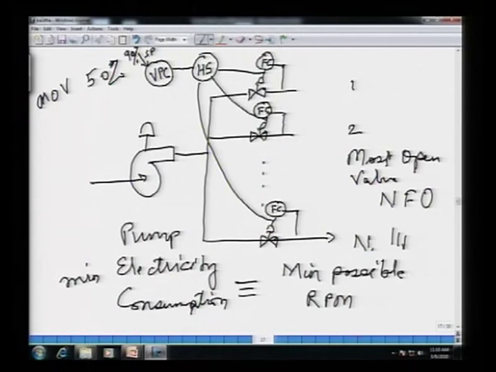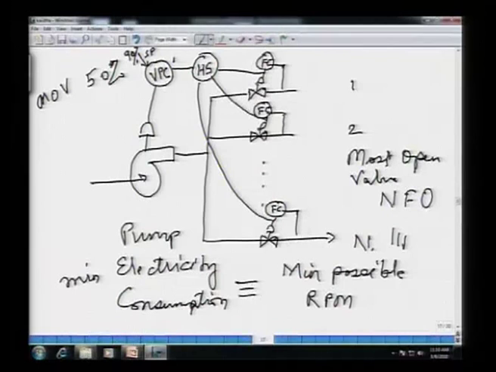If this most open valve is only 50% open, the valve positioning controller will reduce the RPM. As the RPM is reduced, in order to maintain the flow, the flow controller will open the valve, right, and this opening will continue till the most open valve, MOV, is almost 90% open.